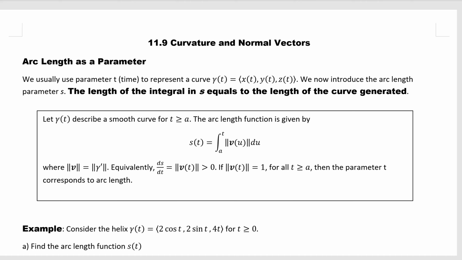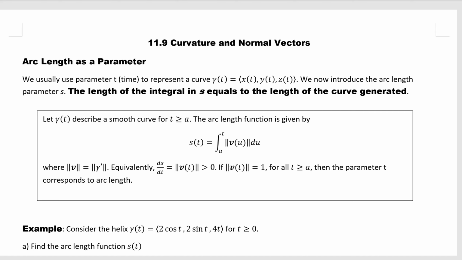Let gamma of t describe a smooth curve for t greater or equal to a. Then the arc length function is given by s of t equals the definite integral from a to t of the speed. Speed is the length of the velocity vector, which is the length of the displacement prime.